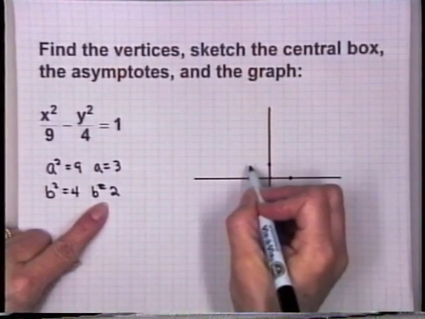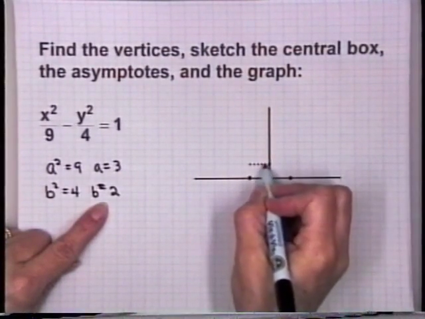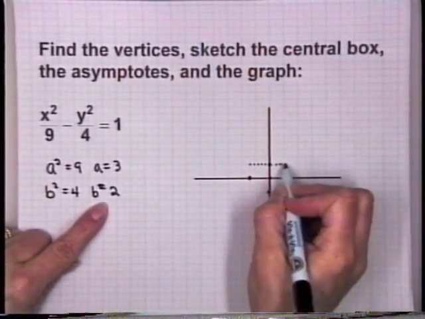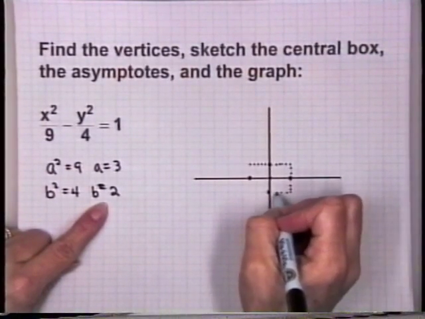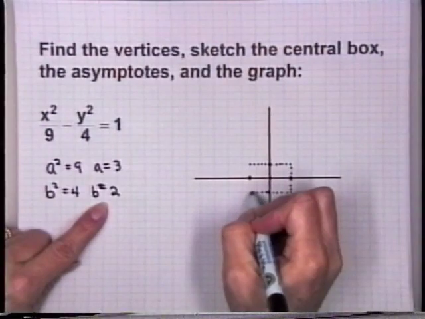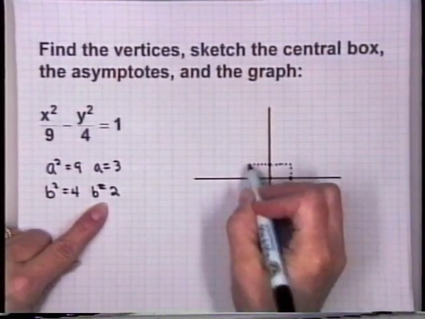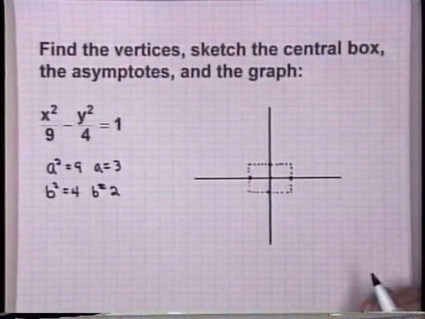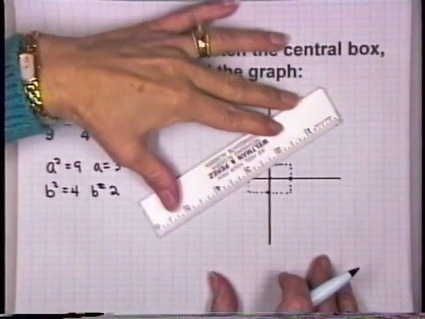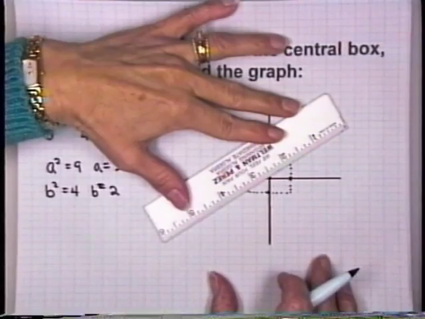But this time, instead of sketching in an ellipse, what I'm going to do here is sort of dot in my central box. You'll notice I'm making a box using these points that I've sketched here using A and B. There's my central box. Now, I wanted my box so that I could connect these opposite corners.